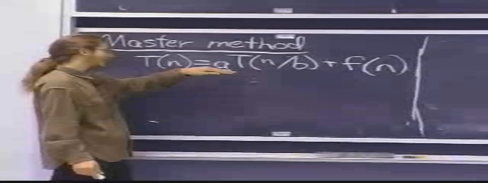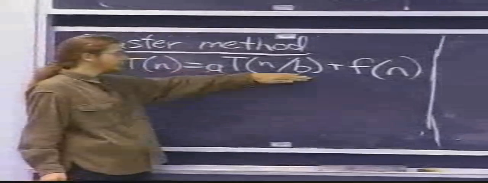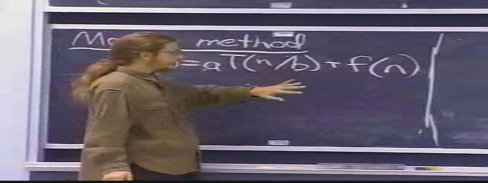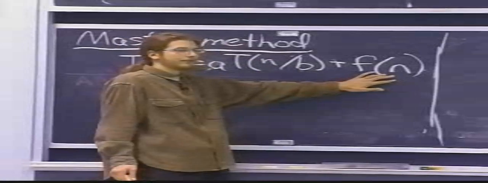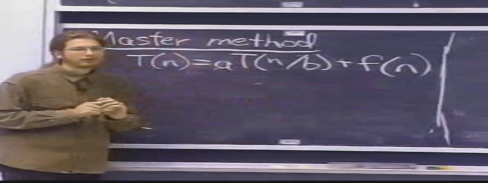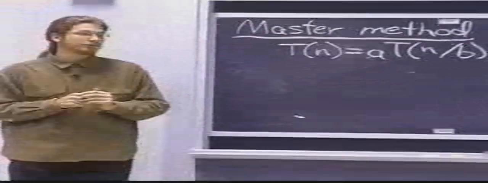Which is pretty general. It says if I have a recurrence where I take a problem of size n, I split it into a subproblems of size n over b, and then I solve those recursively, and then I merge them for a cost of f of n for some function f. So that applies to a lot of algorithms. It applies to merge sort. It applies to binary search, which you should all know.